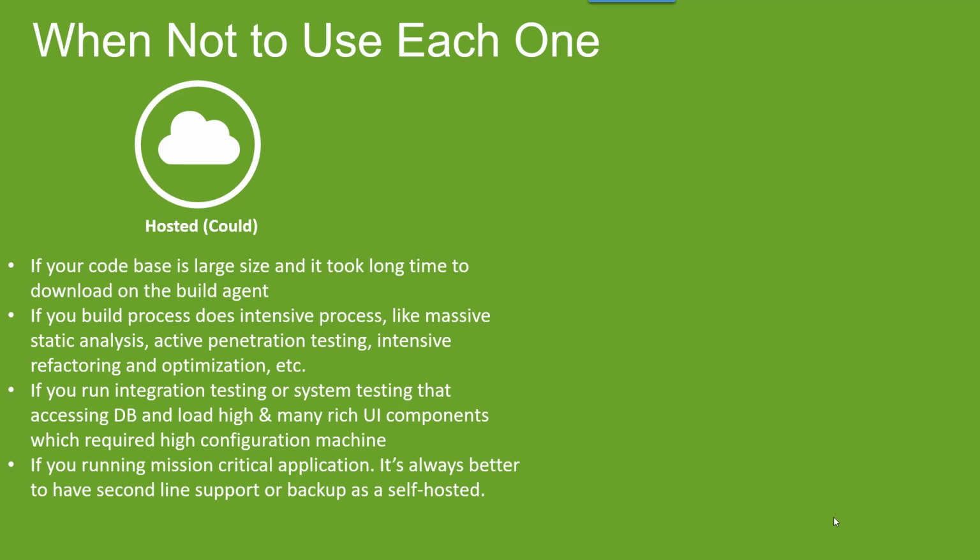If you're running a mission critical application, it is always better to have a second line of support or contingency as a self-hosted agent in case any problem happens with the hosted agent.